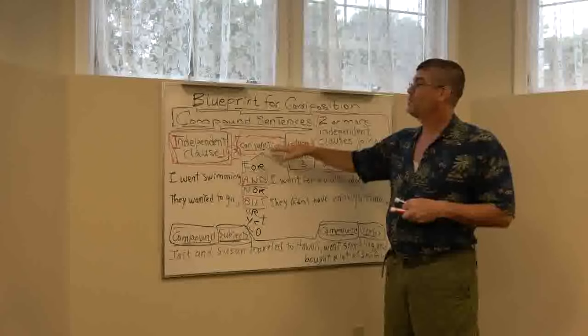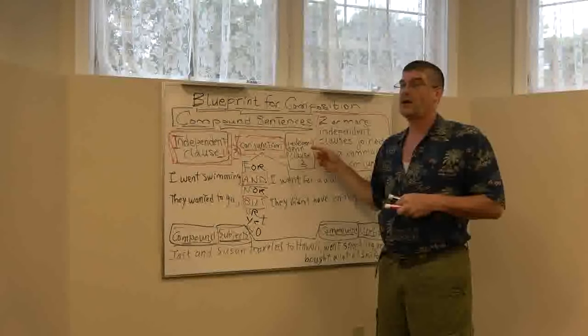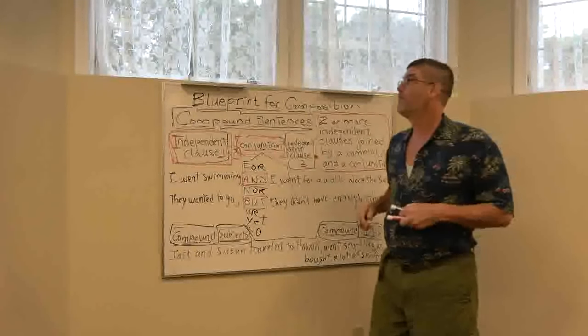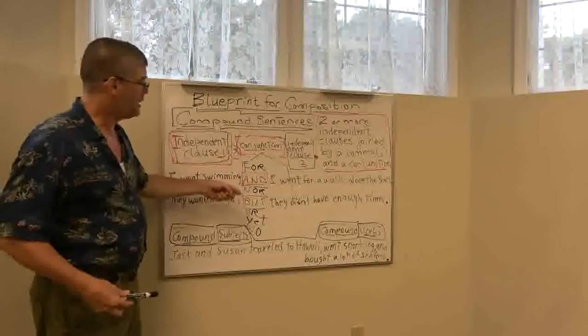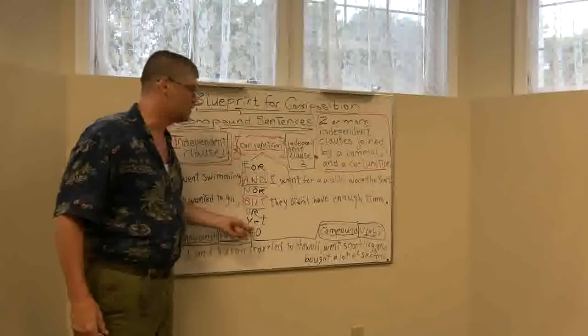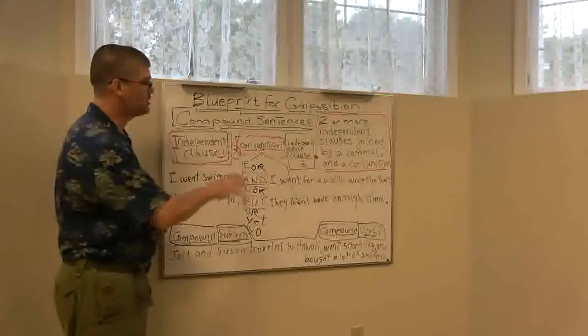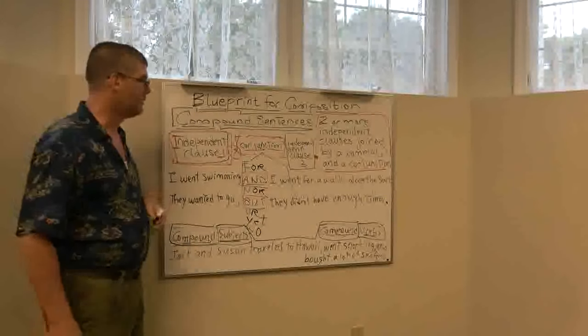But for today, let's just focus on these kinds of conjunctions that are joining 2 independent clauses, or in the form of a compound subject, compound verb. So, let's look at how they work. So, for, and, nor, but, or, yet, so. These all have different functions depending on the kind of relationship that you're trying to express between the 2 independent clauses that you are joining together.